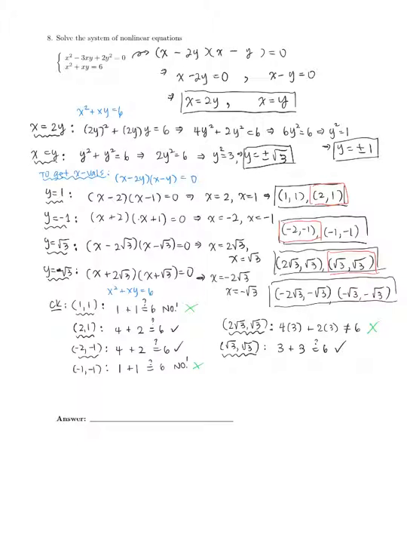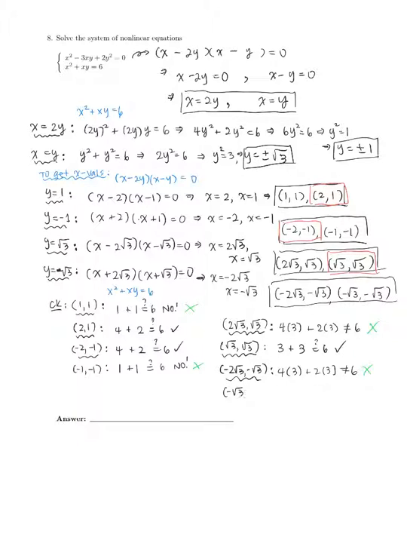But I will show all the work for you. So negative 2 root 3 and then negative root 3. This is not going to be a solution. So 4 times 3 plus 2 times 3 is so not equal to 6. So throw that one away.